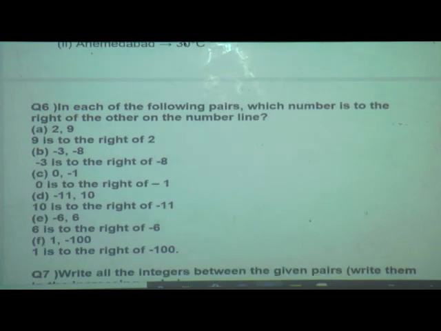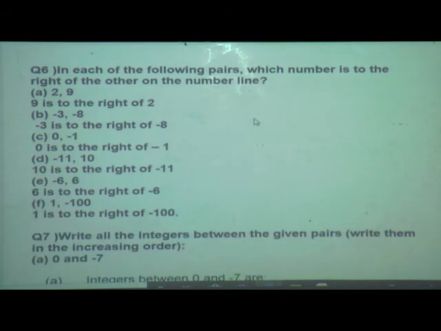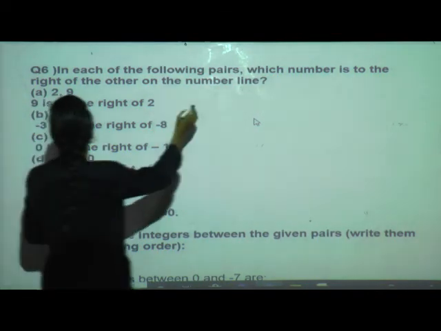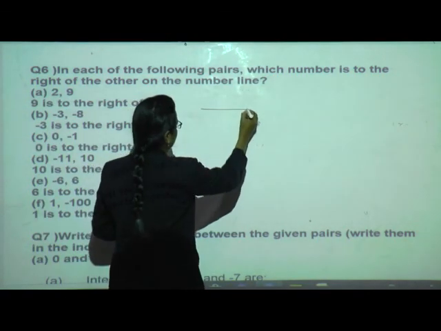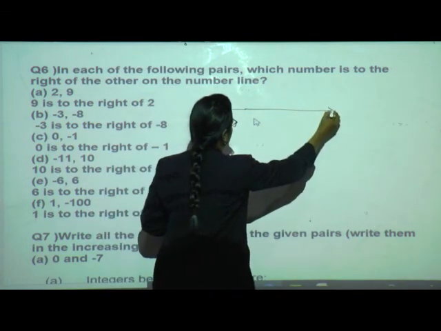In each of the following pairs, which number is to the right of the other on the number line? Now you can see here. For this we need to draw a number line. So let us draw a number line.